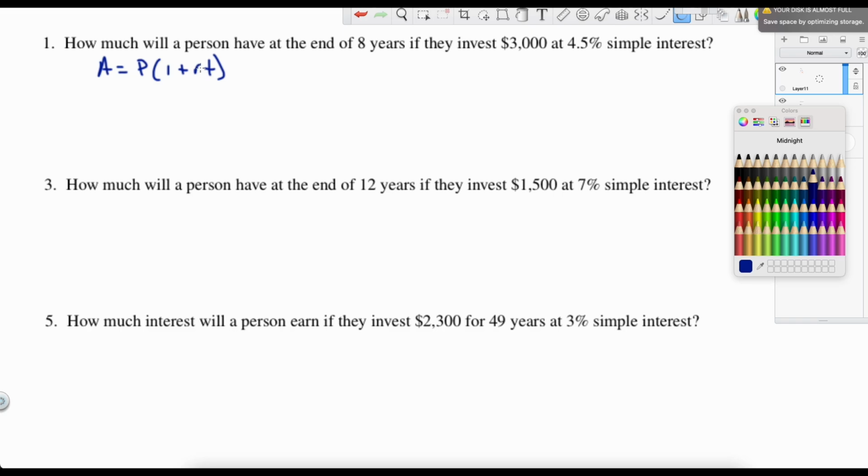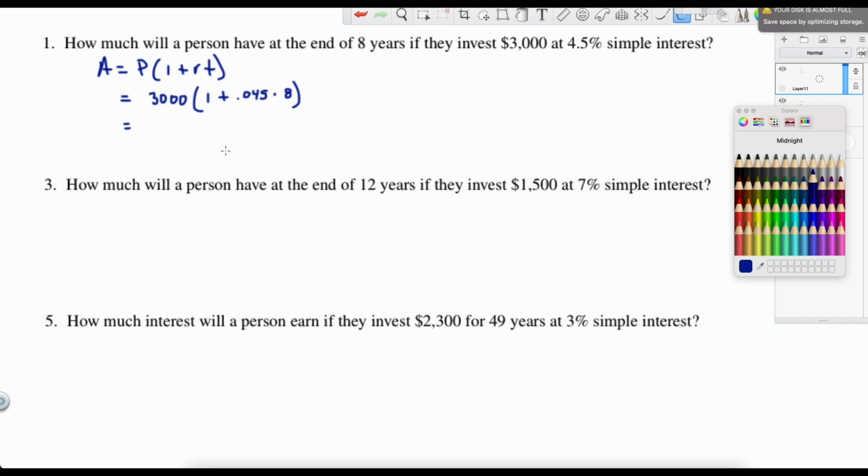This is our simple interest equation where we find the amount in this problem based off the principal, the rate, and the time. And in this case, we're investing $3,000, so that's our initial principal, and our rate is 4.5%, so I'm going to put that as a decimal, 0.045, move the decimal over 2 places, and we're going to multiply that by 8.